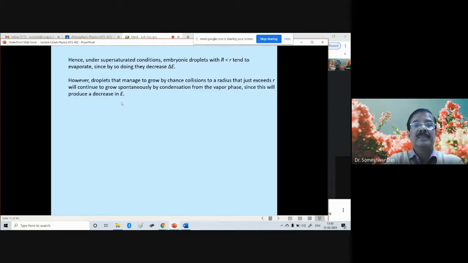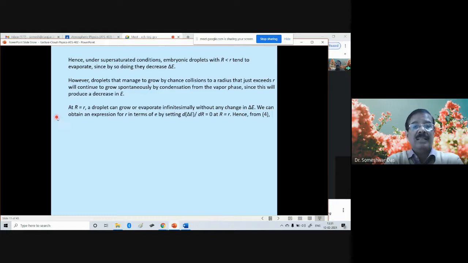One is that air is supersaturated, so that the embryonic droplets having radius less than R, the threshold value, tend to evaporate, since by doing so they decrease the delta E. In the other case, when the droplets are increasing in size because of collisions between two water droplets, they will continue to grow rather than evaporating, spontaneously by condensation from the vapor phase. So this will produce a decrease in the E.